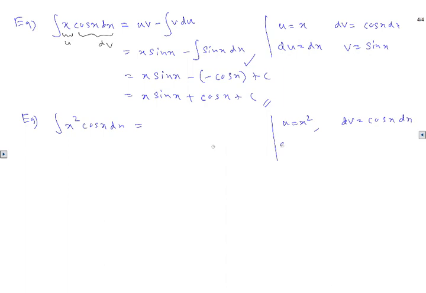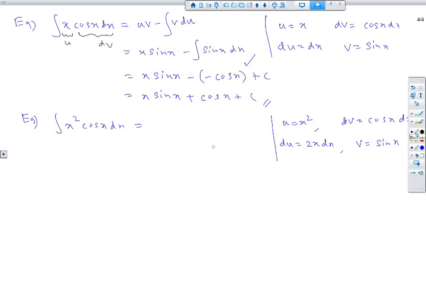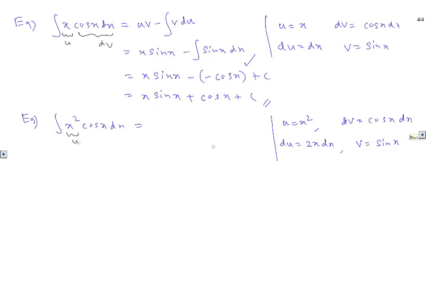Take the derivative, so du equals 2x dx. Take the integral, so v is sine x. We have all four here, so we're going to plug in. Again, this is u and this is v, so it is uv minus the integral of v du.